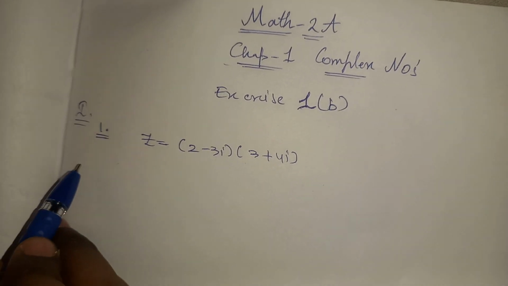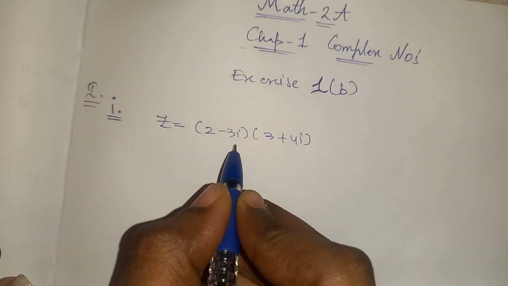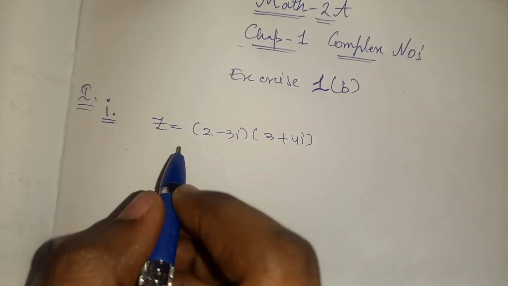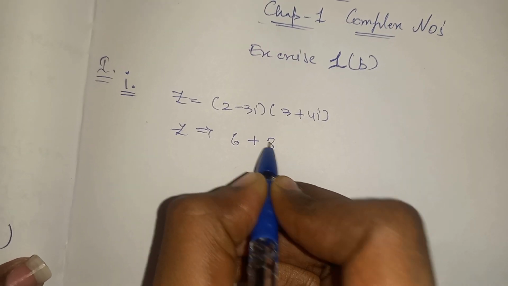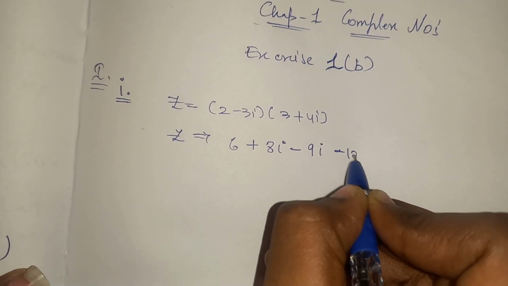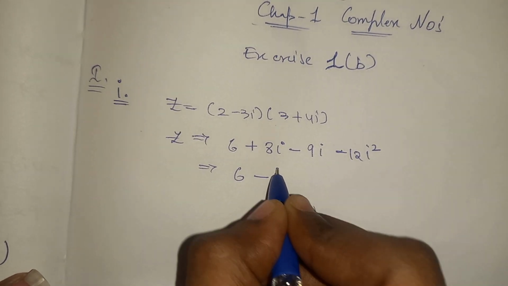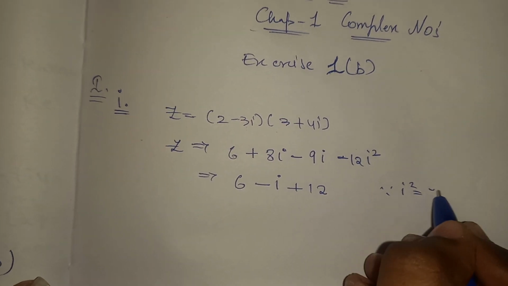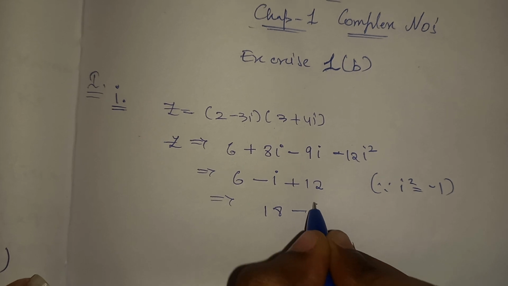So the first question, first part, is z equals (2 minus 3i) into (3 plus 4i). So we'll multiply each and every term. Therefore z equals 6 plus 8i minus 9i minus 12i square, which equals 6 minus i plus 12, since i square is equal to minus 1, which equals 18 minus i.